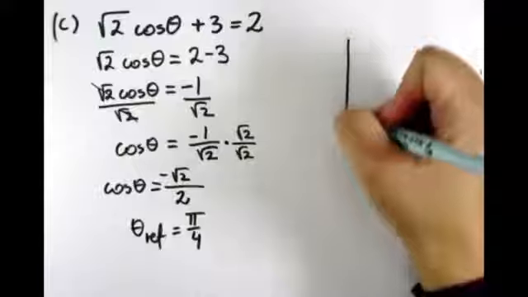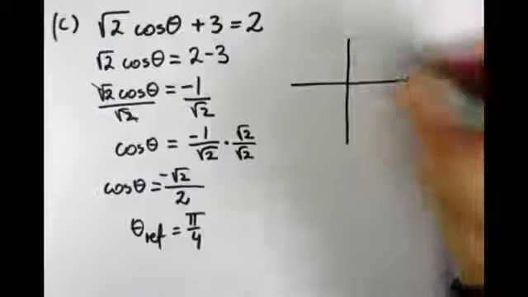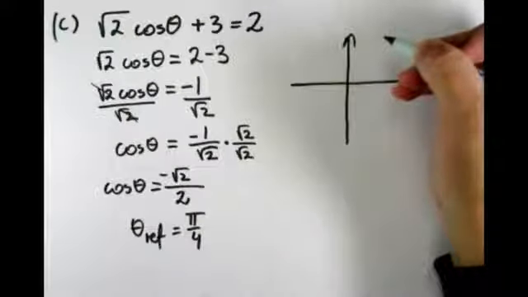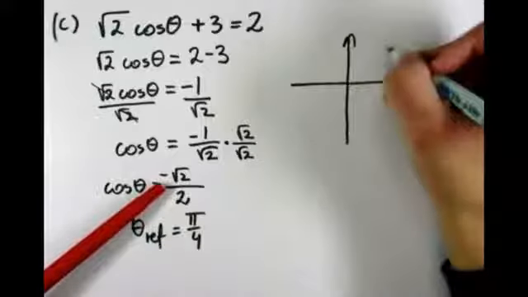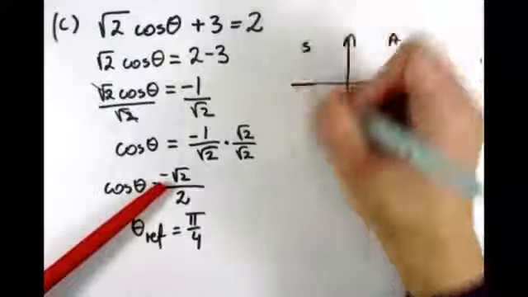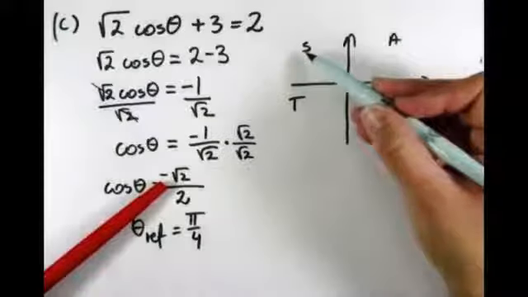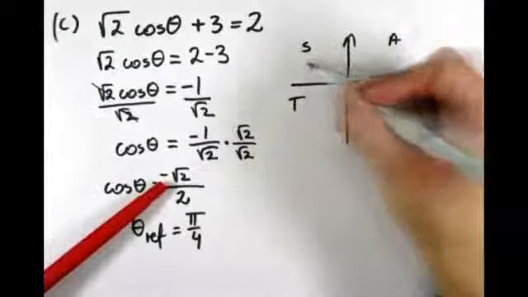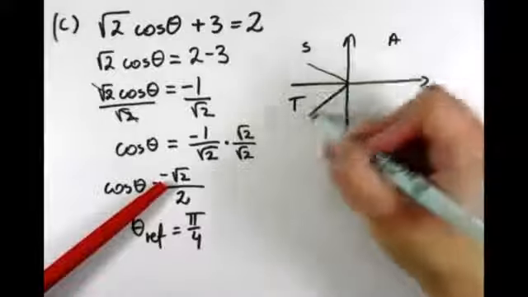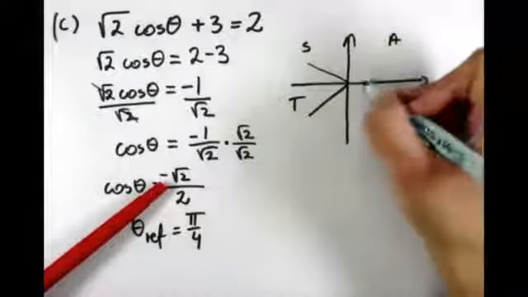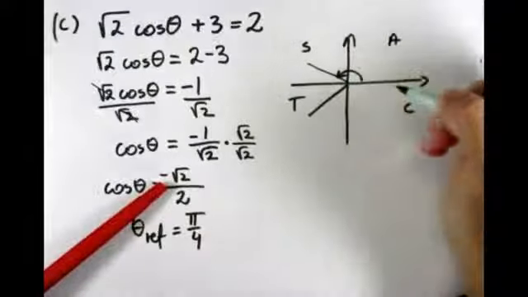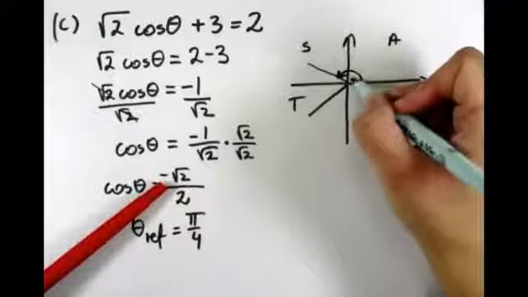And now my cos is negative, so I have add sugar to coffee: all positive, sine positive. So cos is negative right there, and cos is negative right there. So I need to find this angle, and I need to find this angle.